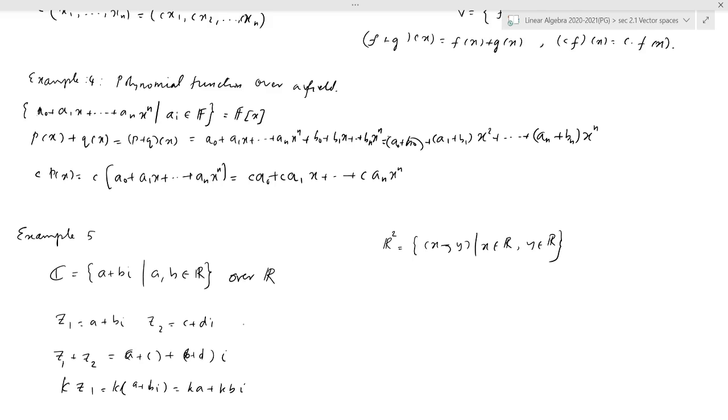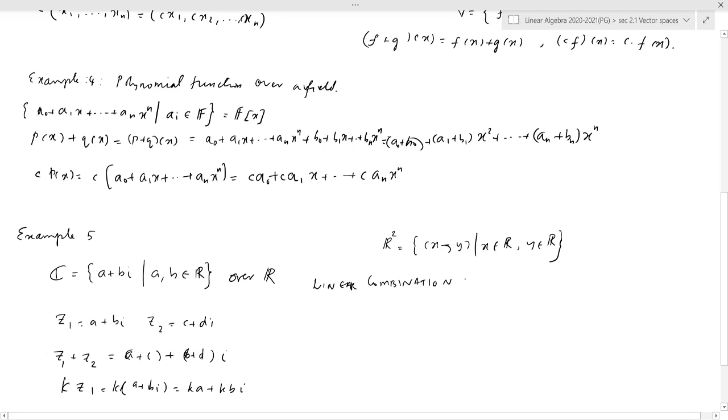So these are the typical examples discussed in section 2.1, and we have one definition here, the definition of linear combination of elements of a vector space V. For that we consider a vector space V, and the arbitrary elements of the vector space are alpha 1, alpha 2, etc., alpha n.